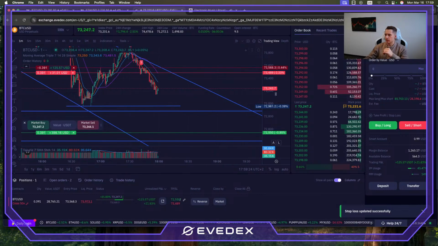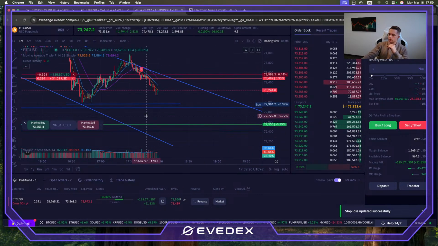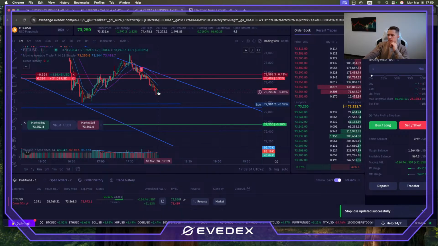So what we can expect now is a peak around here somewhere. It could realistically go to around here, just before our stop loss. Or we could even see a small one around here, and that continuation would carry on.